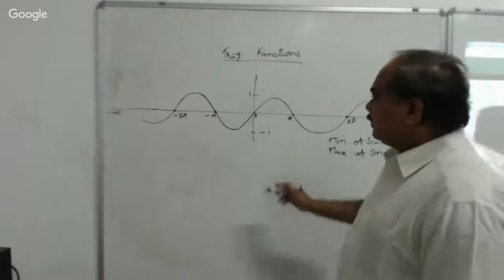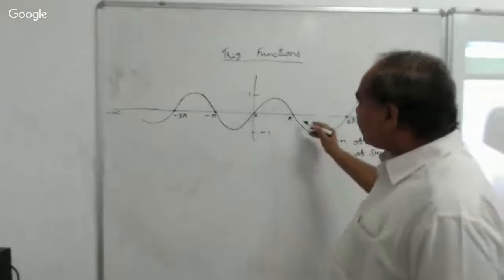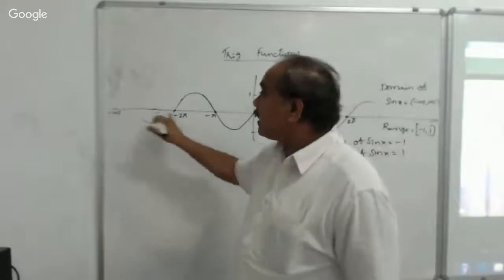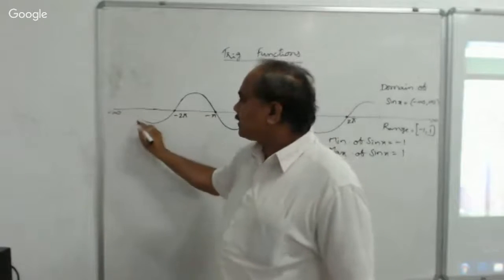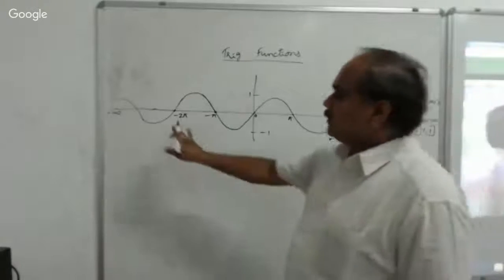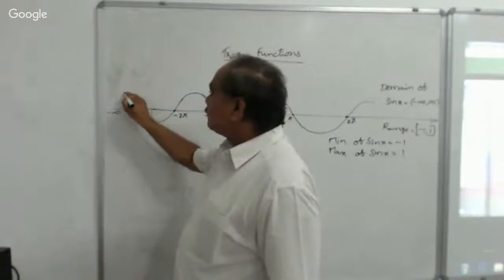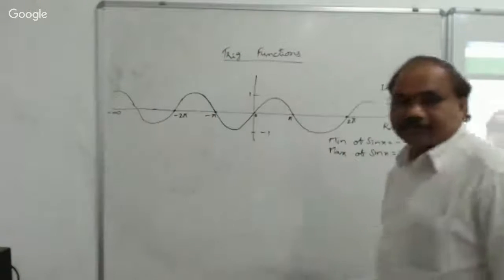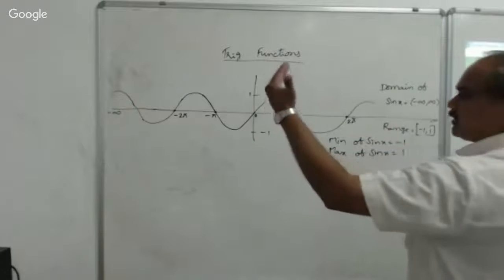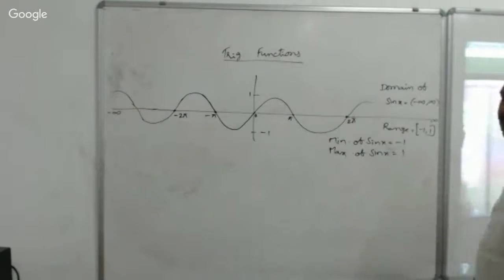Okay. The graph of sin x exists on the x-axis from minus infinity to plus infinity. That's why that becomes the domain of sin x. Domain of sin x means on the x-axis from where to where the graph exists.